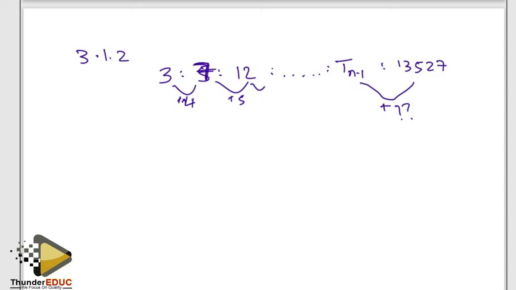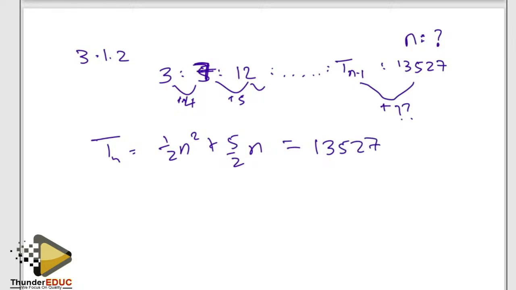The first approach is for us to get the position of this 13527. For me to get that, I'll apply my Tn, which we said is a half n squared plus 5 over 2n, and then equate it to 13527.